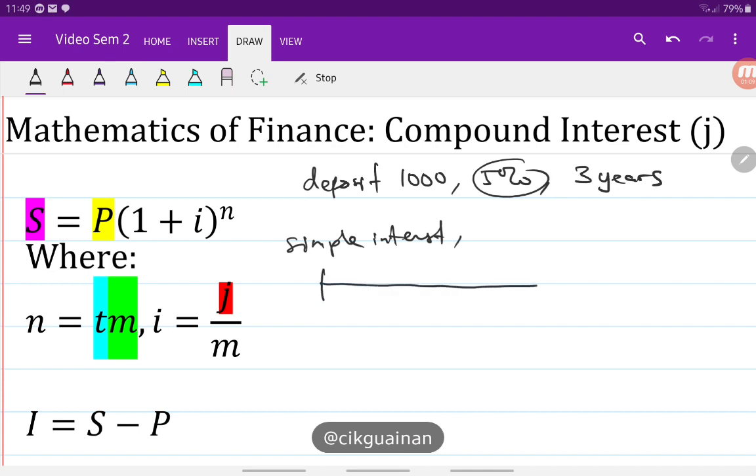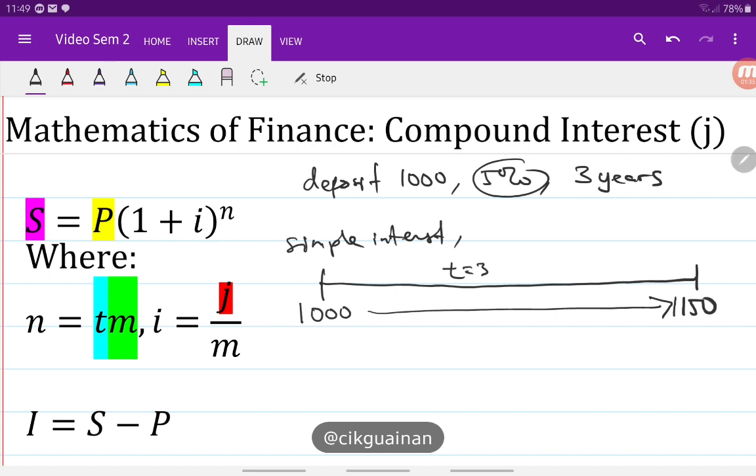Maybe we can have a number line over here. So this 1,000 goes through 3 years, and then it becomes 3 multiplied by 0.05 plus 1, multiplied by 1,000. So it will become 1,150.